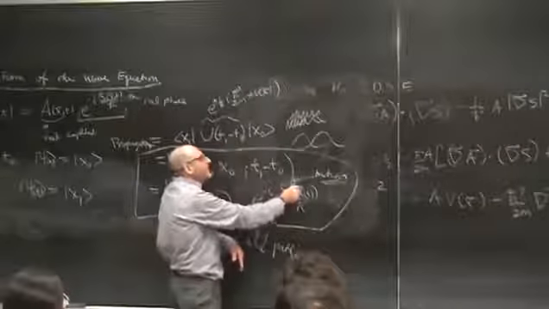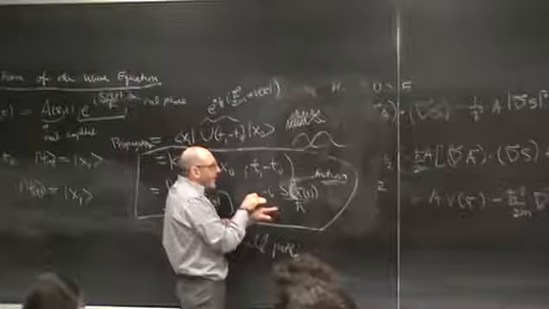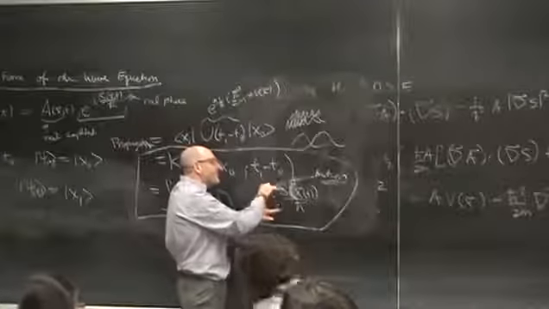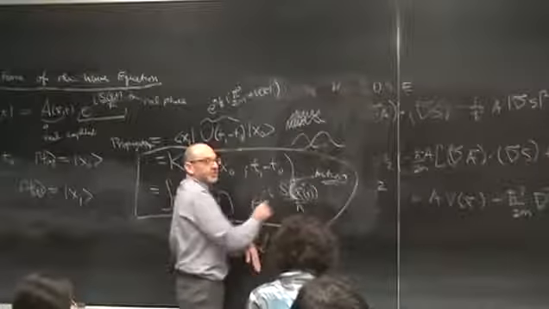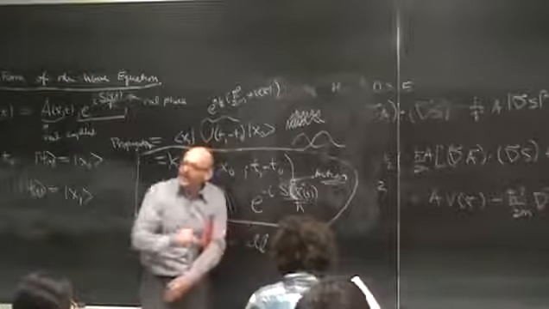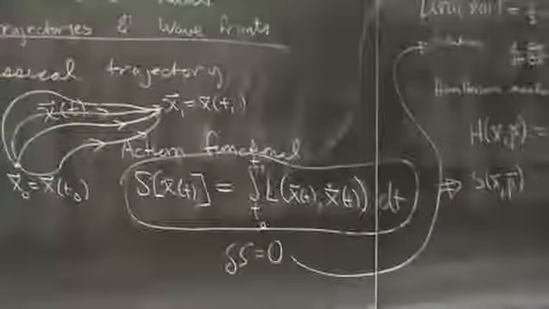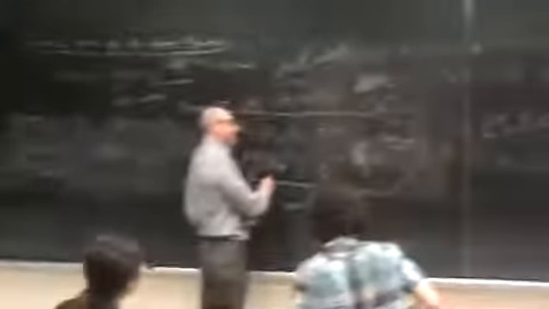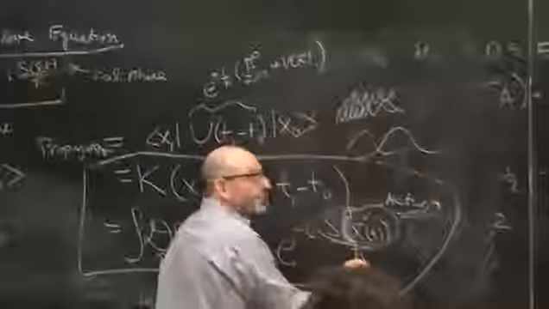It's only the ones that are near the case where the phase doesn't change a lot for a small change in the trajectory. That is to say, the case of the stationary solutions, which will contribute the most to this integral when this is big compared to h bar.